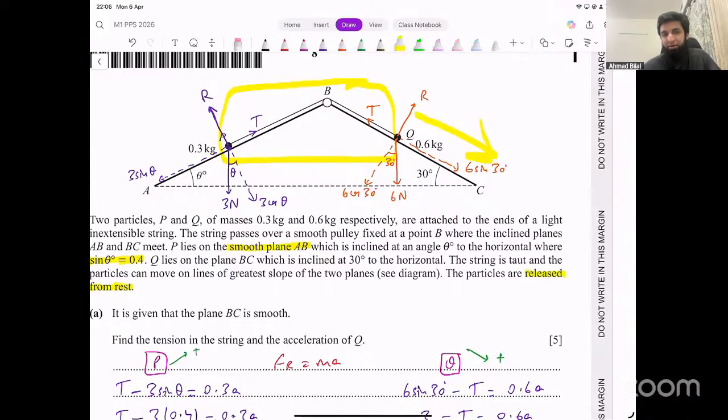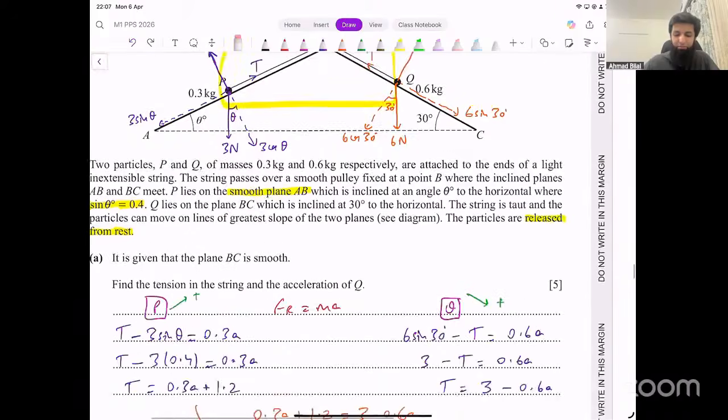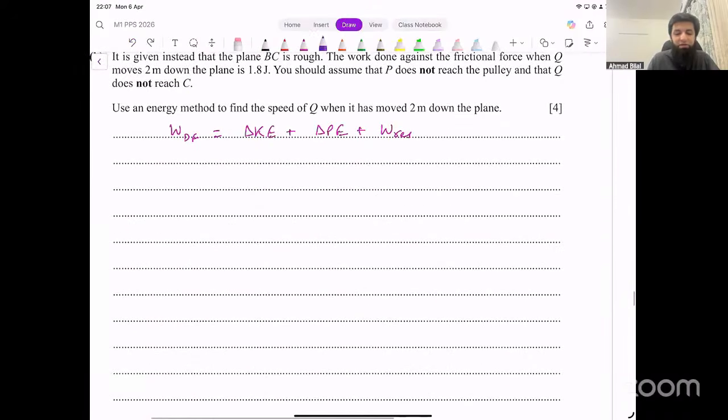Remember, weight is not considered as part of driving force. So there's nothing apart from weight making the object move down the plane. So there's no driving force. We would say the driving force is therefore zero. So work done by the driving force is also zero.